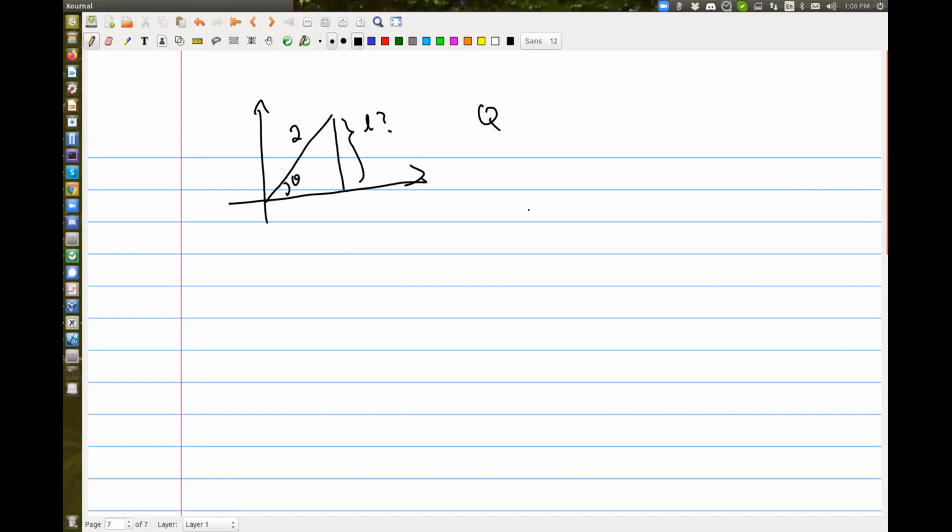Now it's converging to the correct solution. So this is 2 sine theta, right? In general, if this is R, then this will be R sine theta. On the other hand, this one will be cosine theta or R cosine theta. So just simple trigonometry here.